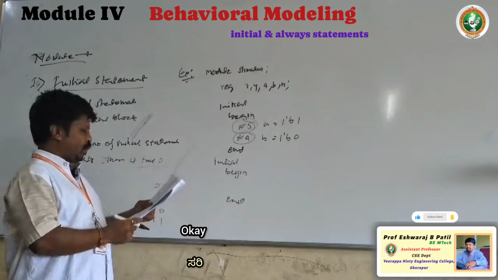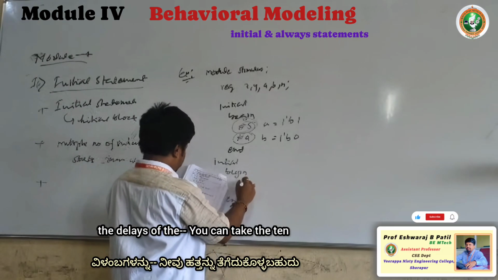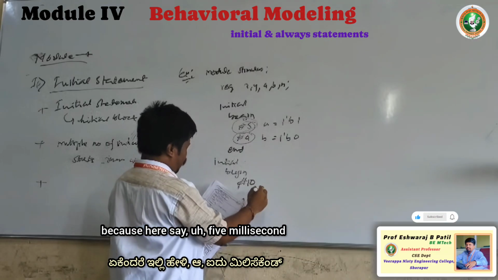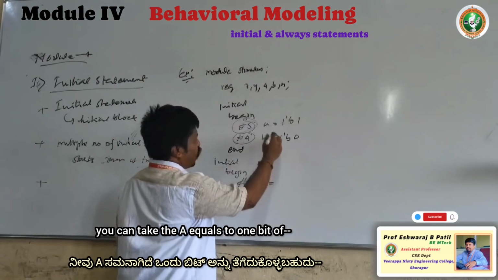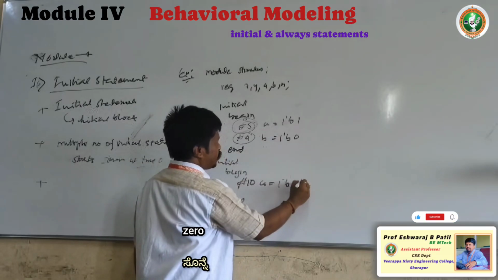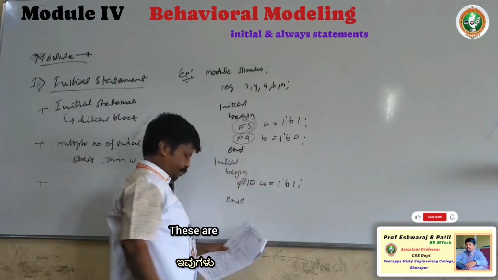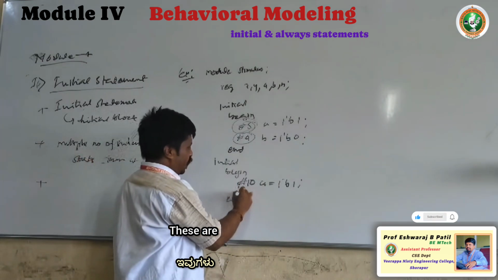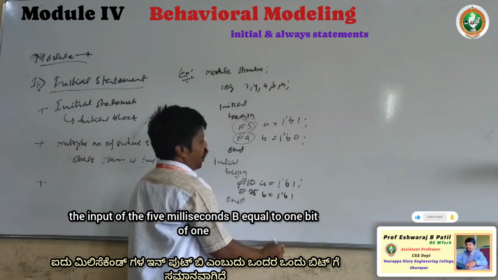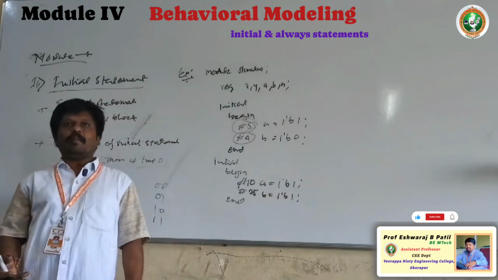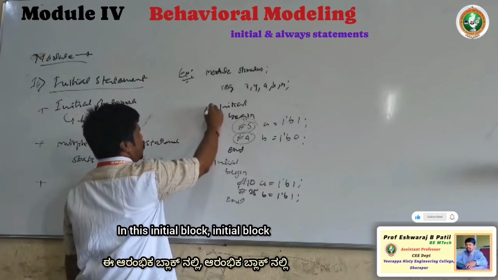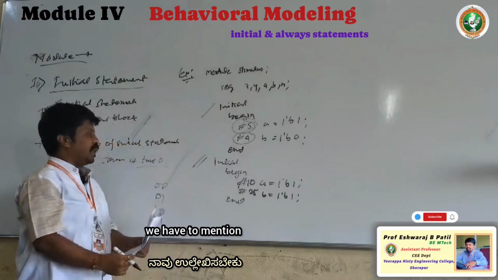Next, you can write the delays; you can take 10, or 8, equals to 1 bit of 1. The total is equal to 1 bit of 1, the combination of values. Here, in the initial block, we have to mention begin and end.